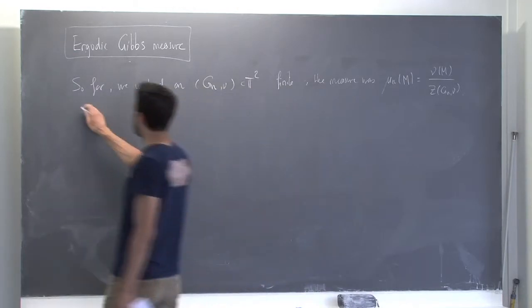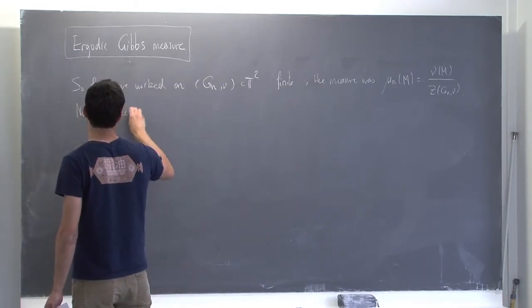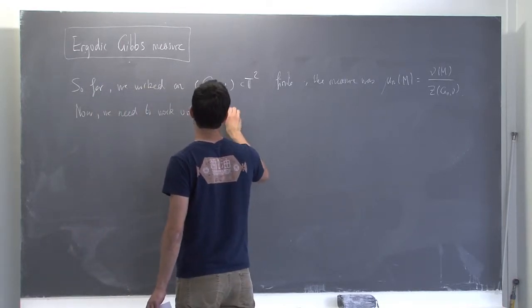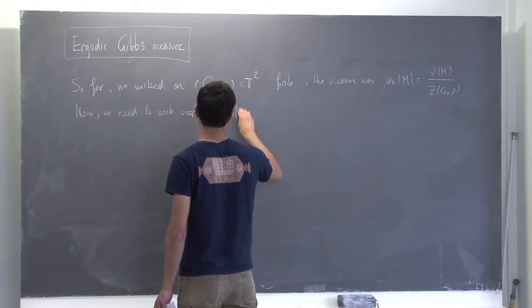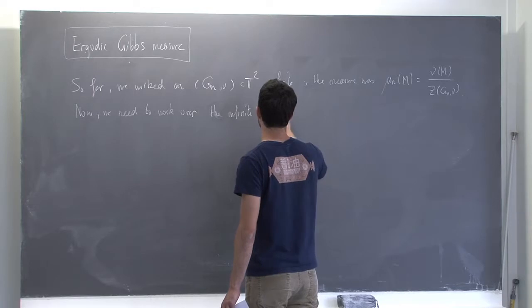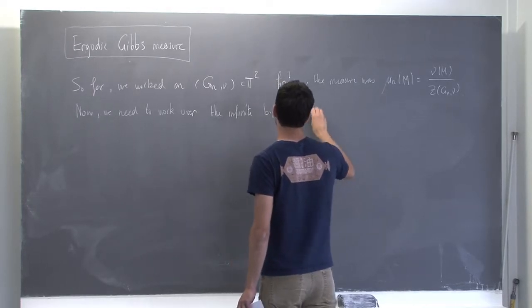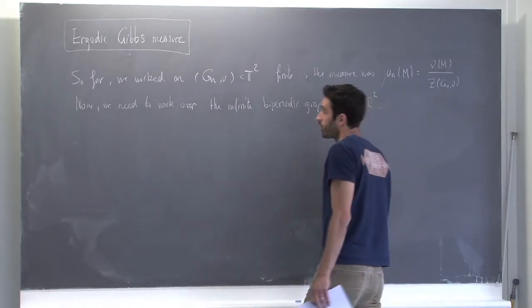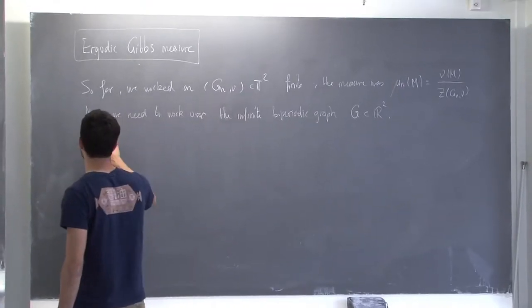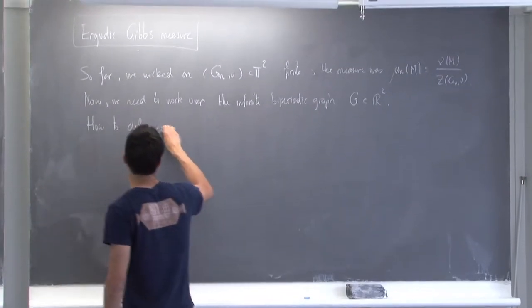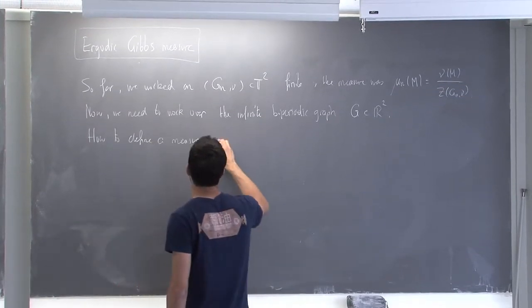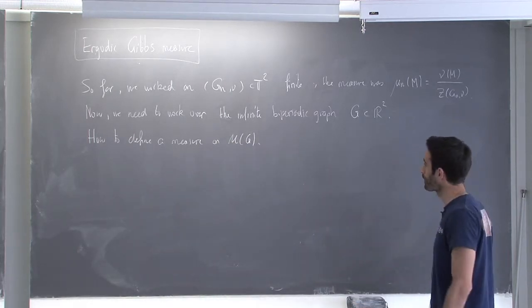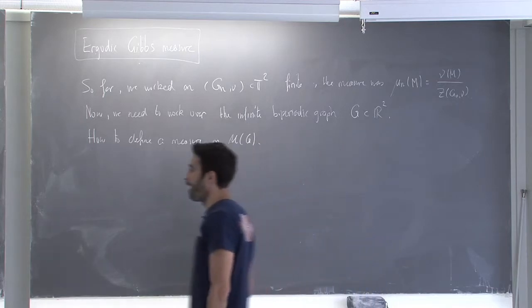So now we need to work over the infinite biperiodic graph G, R2. So how to define a measure there? How to define a measure on the infinite set of perfect matchings on G?